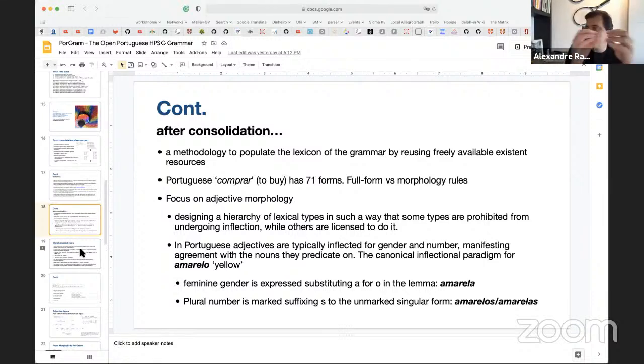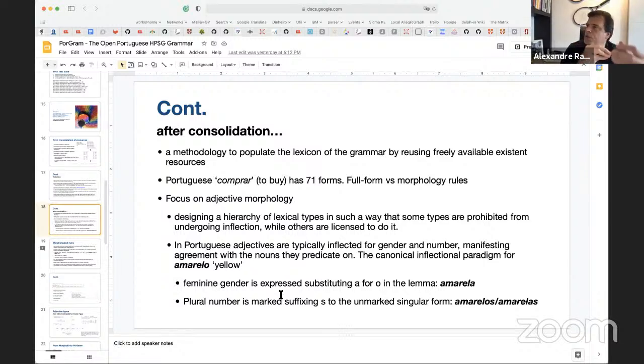And we tested this. The basic work was to find the regular forms and the irregular forms and treat them separately, because in HPSG we deal with that in two ways.